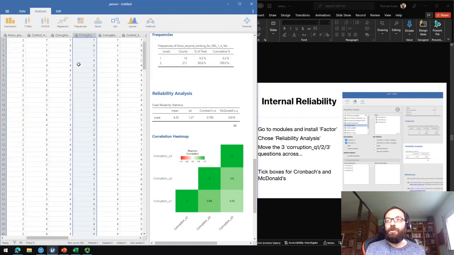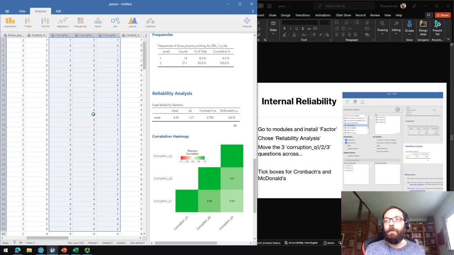Indeed, we can visually look at that when we have a look at our data, and you can see, for example, the first participant has scored 7 in all of them, the second has scored 4 in all of them.